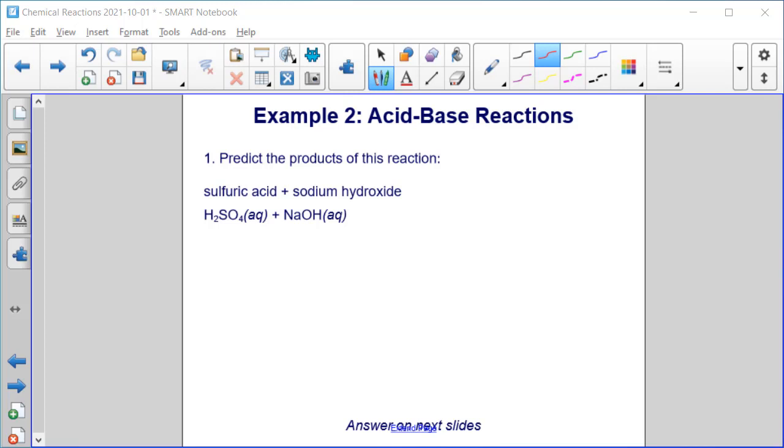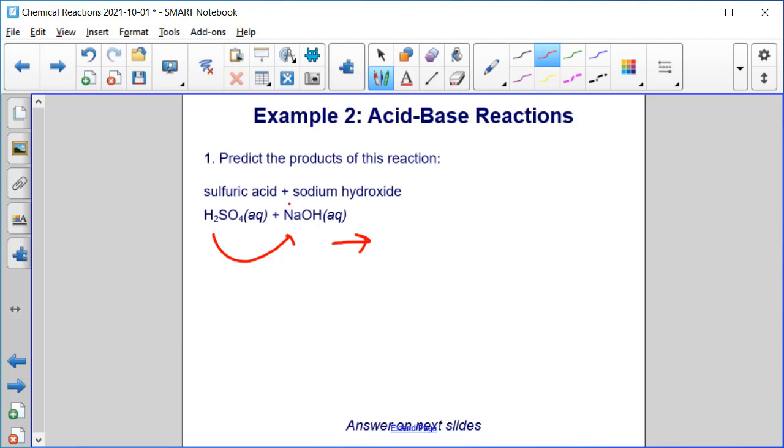All right, let's walk through one more example together before we do any formative assessment questions. Predict the products of the reaction between sulfuric acid and sodium hydroxide, H2SO4 and NaOH. So we know that basically we switch places here, right?